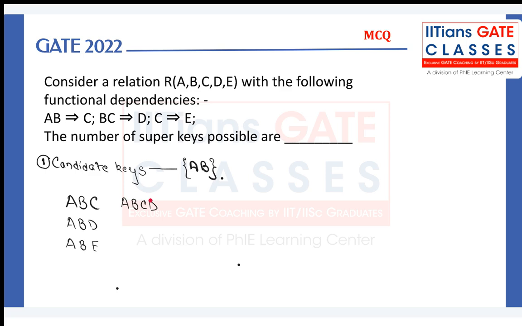Can I say A, B, C, E is also a super key? Yes. Can I also say A, B, C, D, E is a super key?